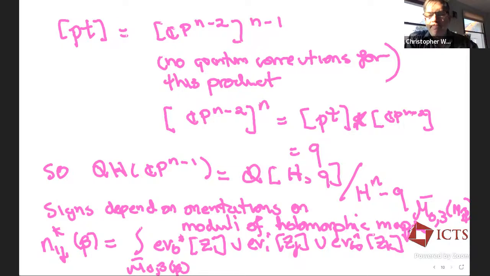So yeah, there are some orientations built in here, and the fundamental class on the manifold depends on the orientation.